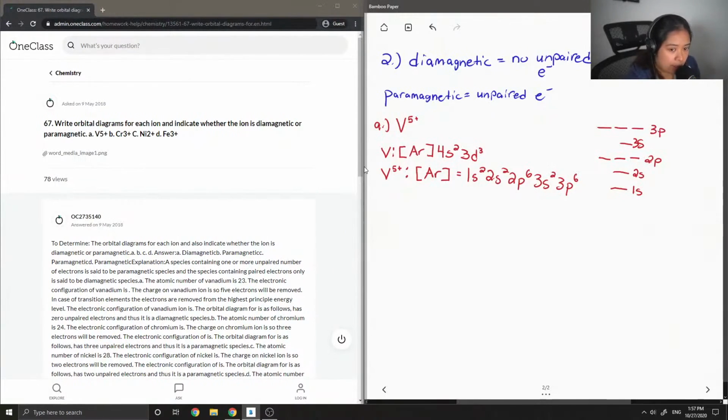And when you draw out the electrons, you do it starting from the bottom to the top and then left to right. So I'm going to show how I fill it in.